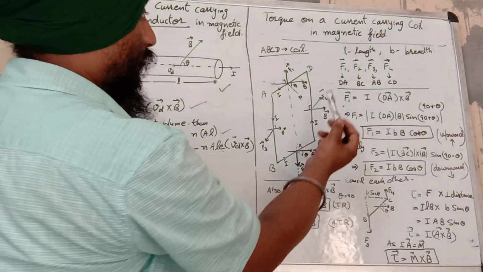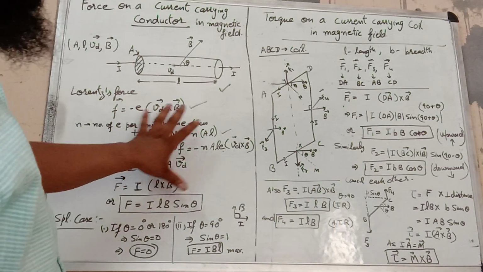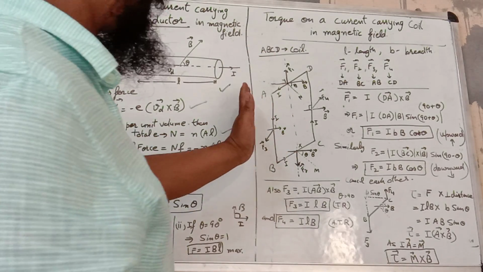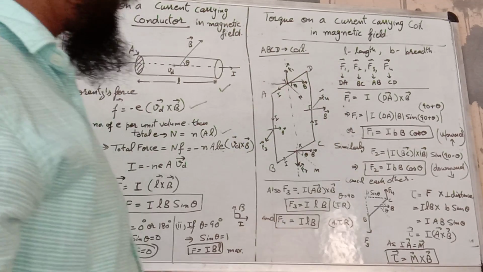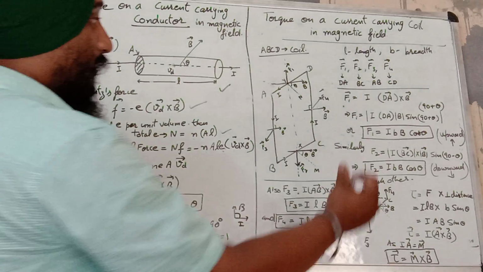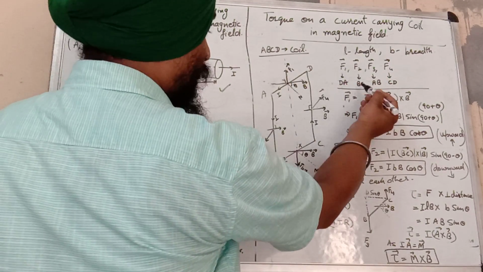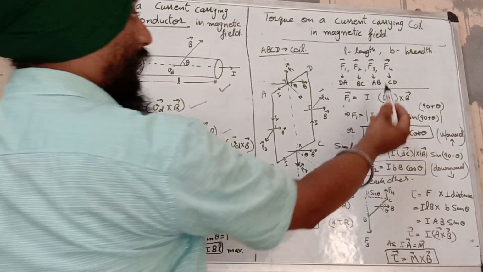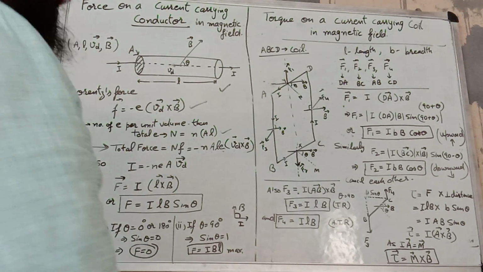Considering the coil as four conductors AB, BC, CD and DA, the net forces are F1 on DA, F2 on BC, F3 on AB and F4 on CD.